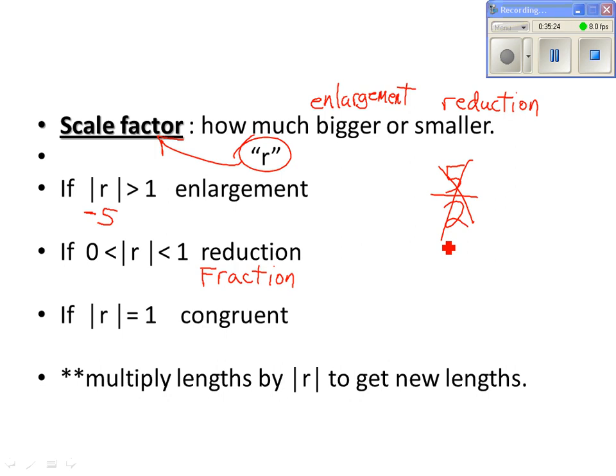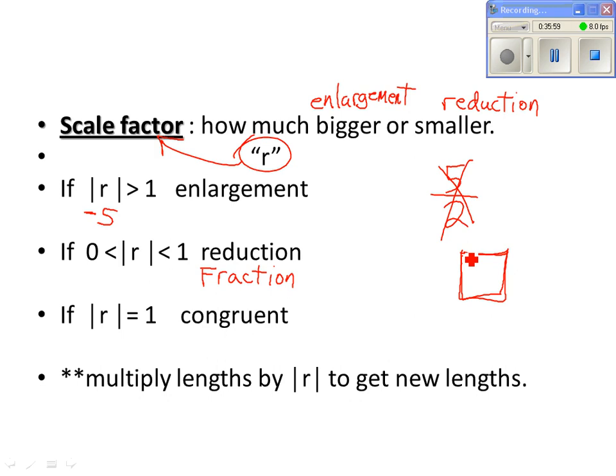If your scale factor happens to equal 1, sort of like turning something 360 degrees, these are the ones that you guys will like. If I'm going to take a picture of this book and make a new drawing of it with a scale factor of 1, what's that new drawing going to look like? Exact same thing. So if they give you a shape and say use a scale factor of 1 and come up with the new shape, what are you going to draw?